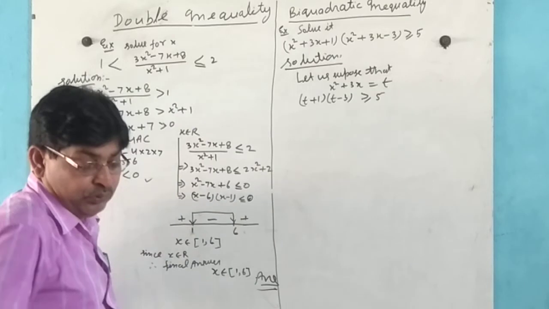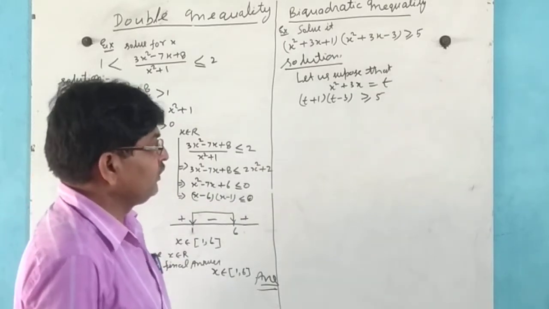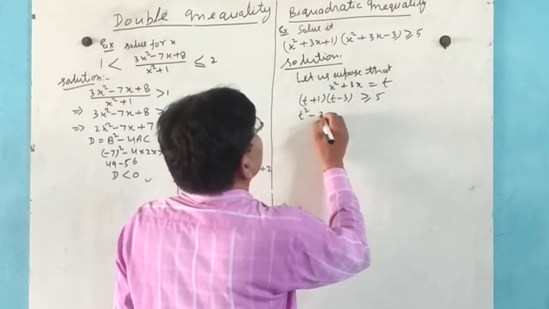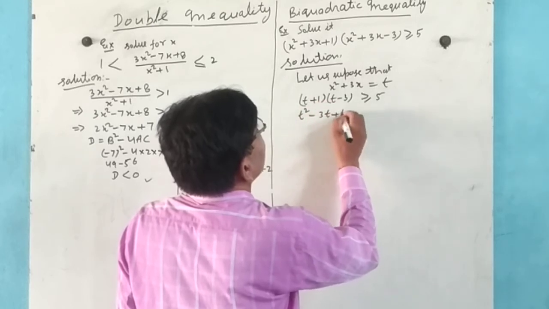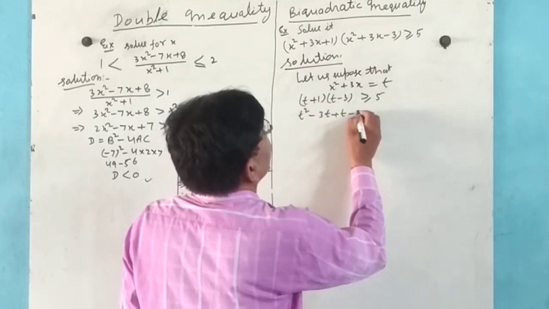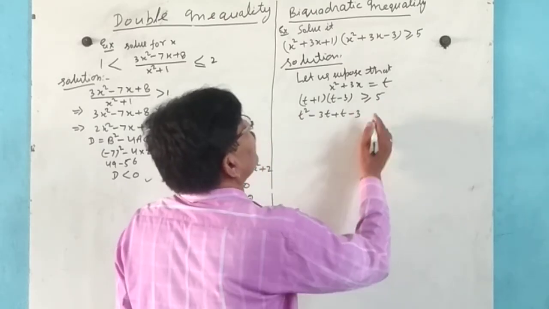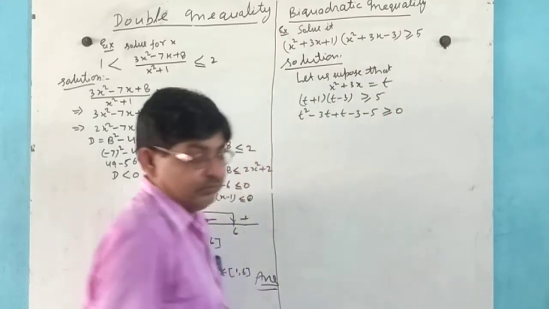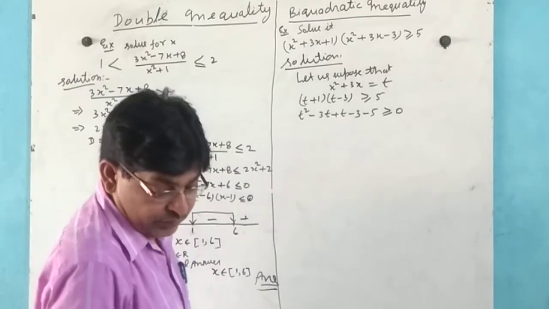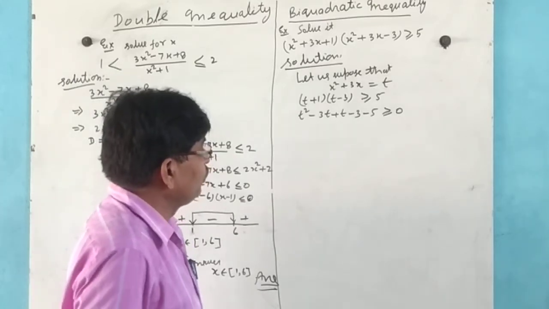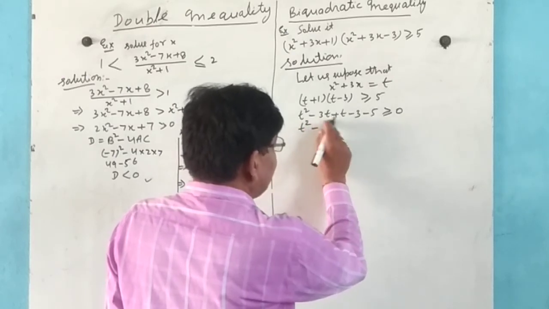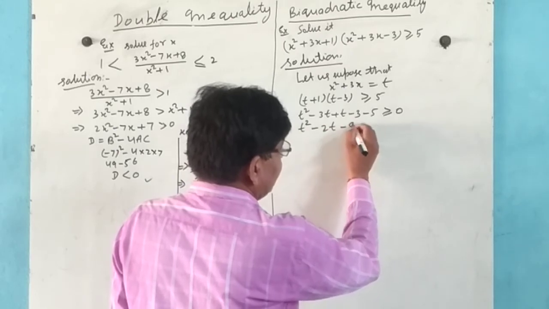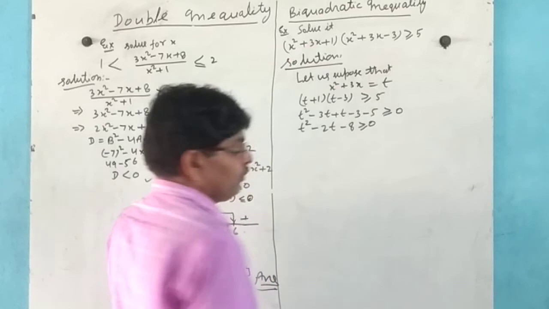Now we multiply: t square, t minus 3t, this is also t, and this becomes minus 3, and this comes out here minus 5, greater than or equal to 0. This is t square minus 2t minus 8 greater than or equal to 0.